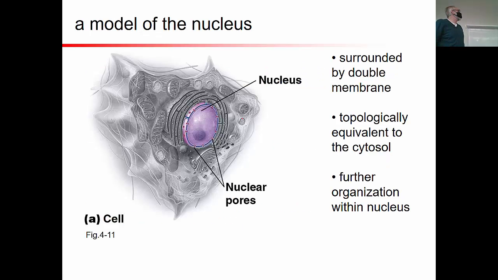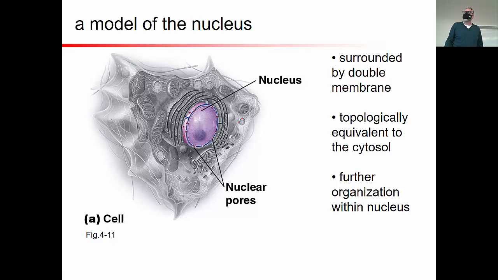So here we can see, this is the figure from the textbook showing the nucleus, and we can see how it's continuous or contiguous with the endoplasmic reticulum. Topologically, the chemical composition is similar to the cytosol. Unlike what we see in many other organelles where it has a unique chemical environment, this is the same as the cytosol.